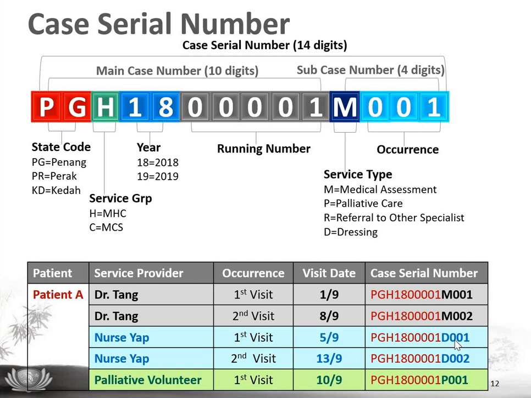Between 1st September and 13th September, Tzu-Chi has sent 3 teams, which are Dr. Tang, Nurse Yap, and palliative care volunteers, to visit the patient 5 times. It is important to note that every case serial number shall have a report completed for each visit to detail the treatment and service performed during the visit for record and next follow-up.